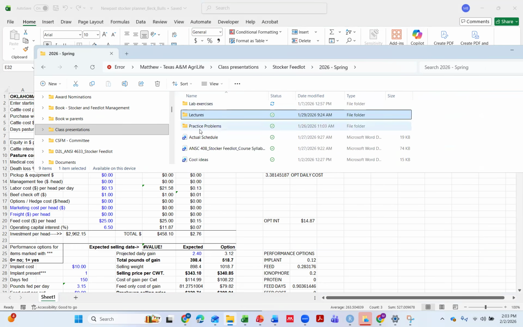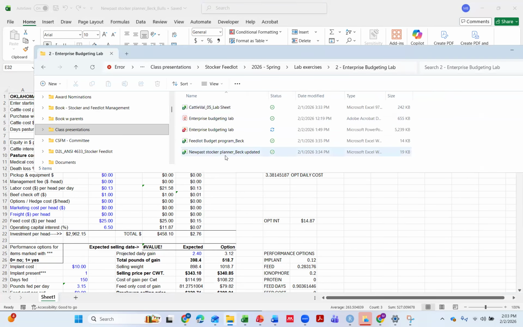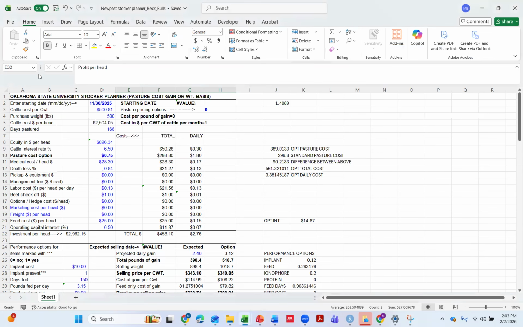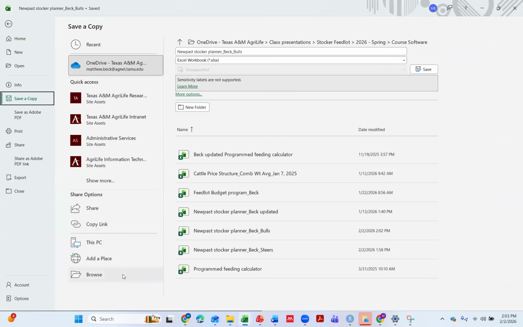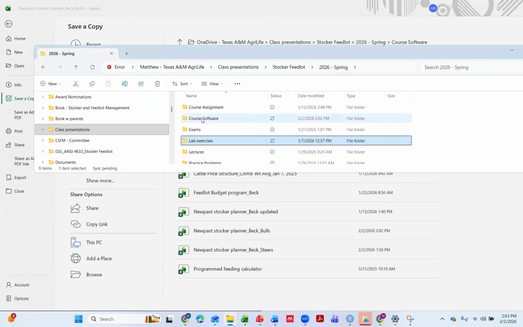Oh, lab. Okay, I don't know where that's saving. Stocker 2026 course software. Okay, I'll have to clean that up later.